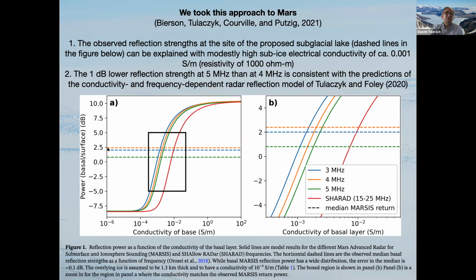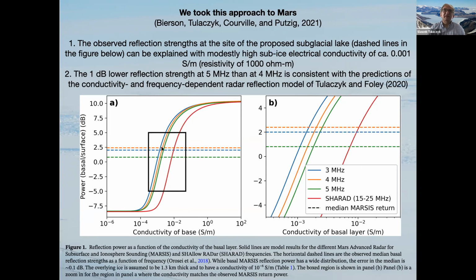So we have the observables, which are these dashed lines here. Those are the observed reflection strengths from the three Mars frequencies, 3, 4, and 5 megahertz. And it's nice that those are pretty low frequencies, because the lower the frequency of radar, the more likely it is that it is dependent on electrical conductivity. Basically, it depends on lower contrasts of electrical conductivity than higher frequencies.